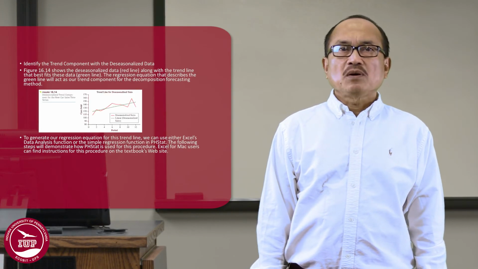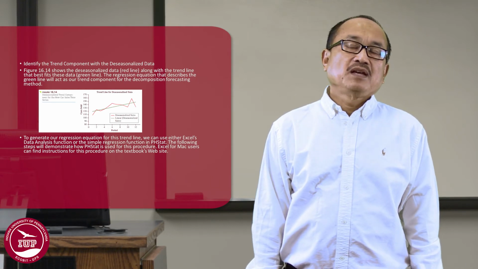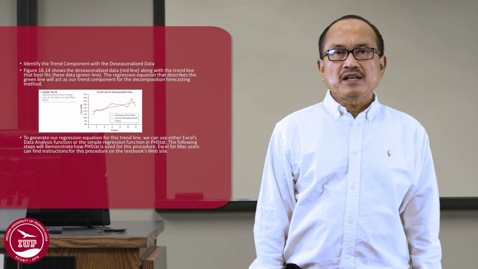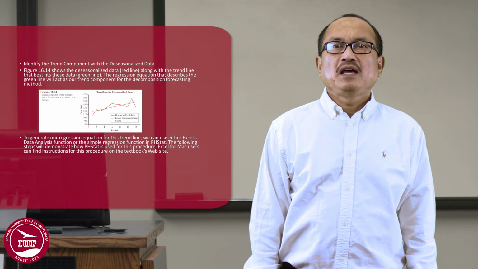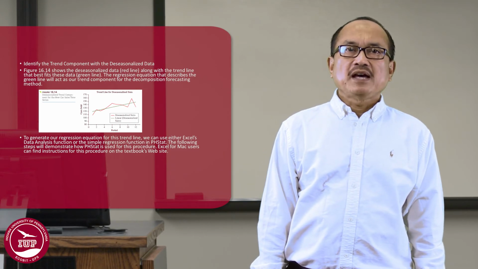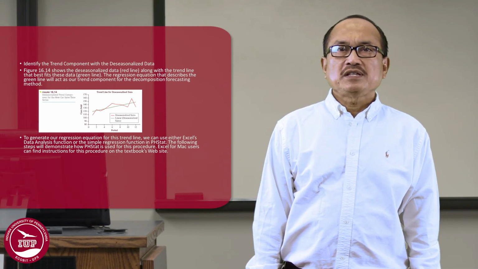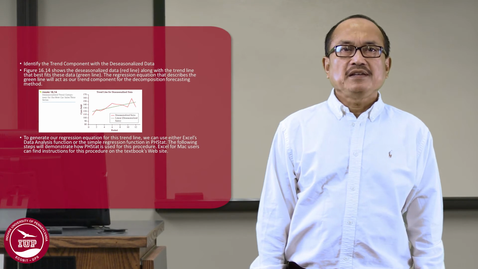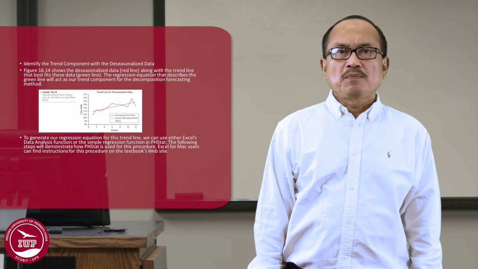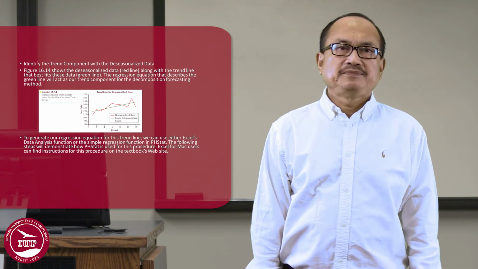Identify the trend component with the deseasonalized data. Figure 16.14 shows the deseasonalized data, or red line, along with the trend line that best fits this data, or green line. The regression equation that describes the green line will act as our trend component for the decomposition forecasting method.